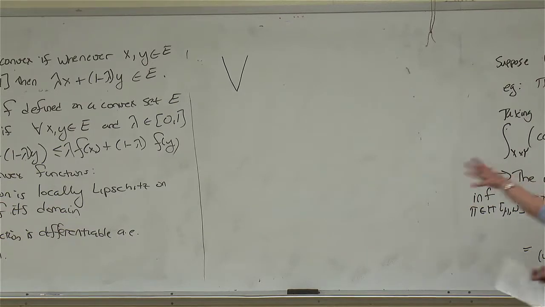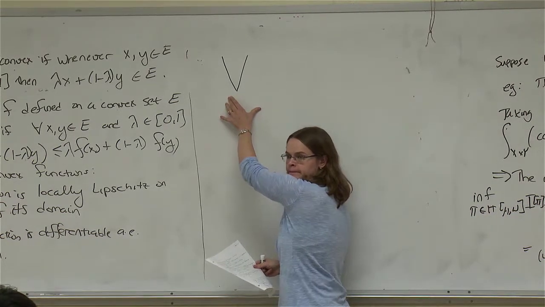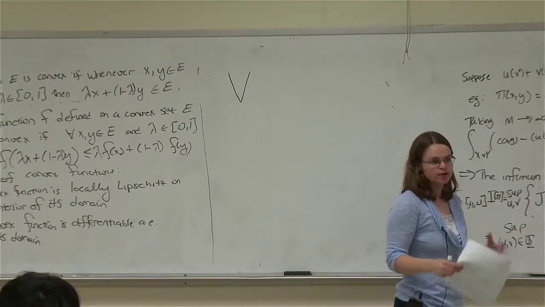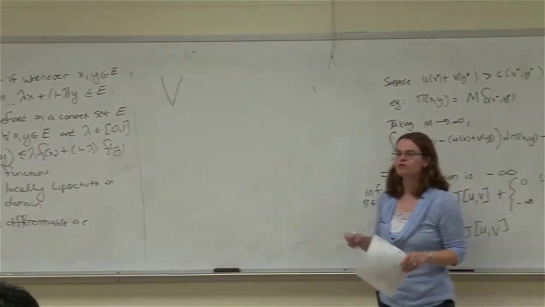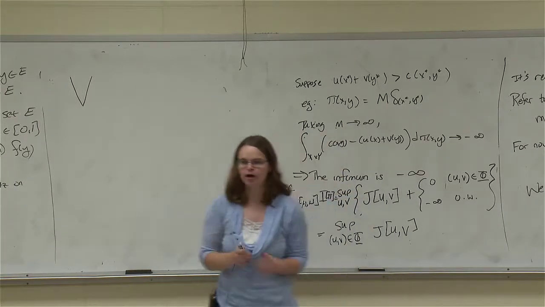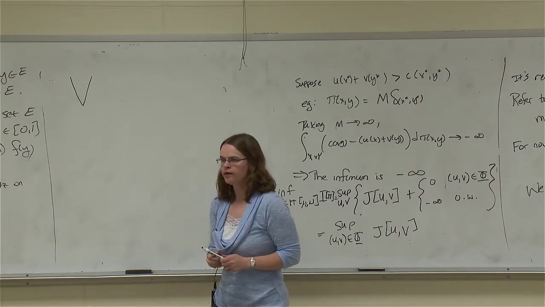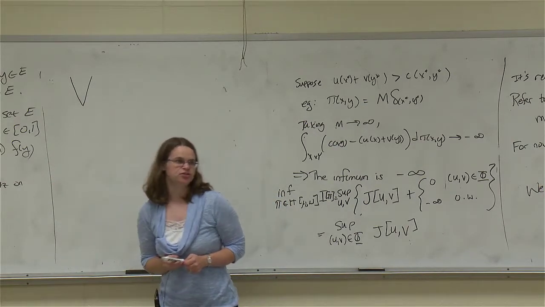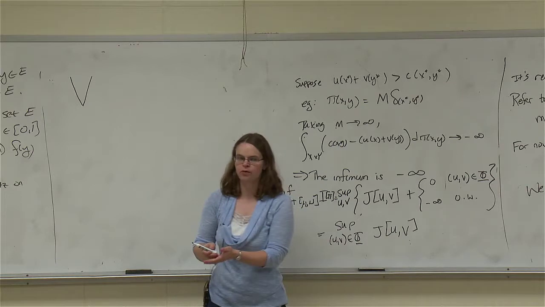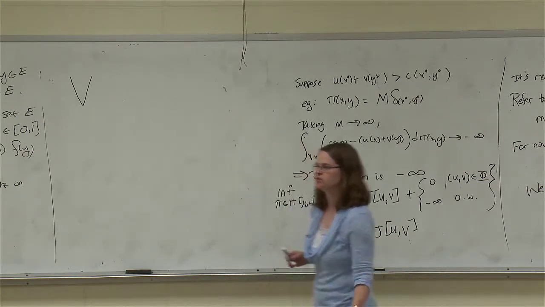Here I've written down a function on R. You expect one-sided derivatives everywhere. In higher dimension, what you expect is one-sided directional derivatives everywhere. So if I start at a point, even if it's a corner, and I decide I'm going to go that way, I can compute a directional derivative that way. If I want to look behind me, I might get a completely different result.